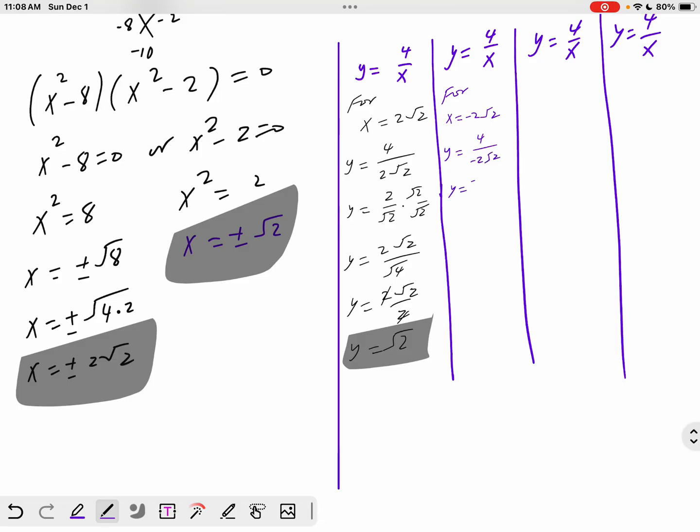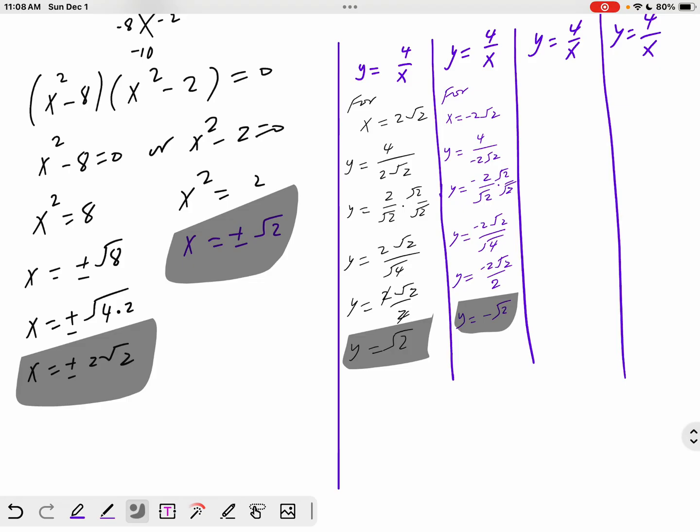So y equals negative 2 over root 2. So then rationalize again. So y equals negative 2 root 2 over root 4. Well, then y equals negative 2 root 2 divided by 2. So 2 and 2 cancel. y equals negative root 2. So this is the value when x was negative 2 root 2.